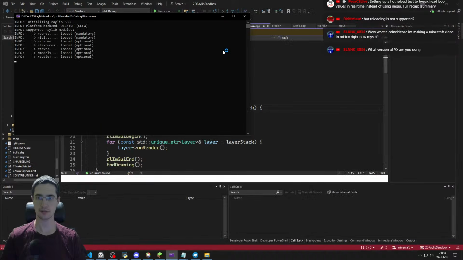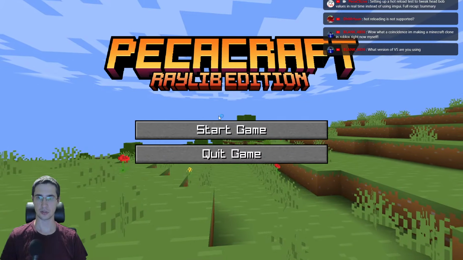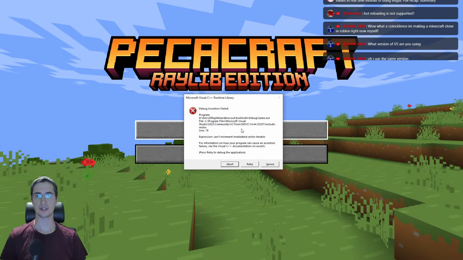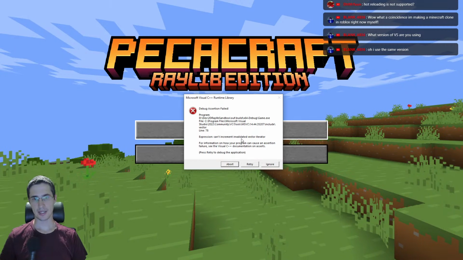Let's run it again. Okay, and start the game. Okay, can't increment in validated vector iterator. In release mode, I didn't have this problem because probably it's a debug assertion.